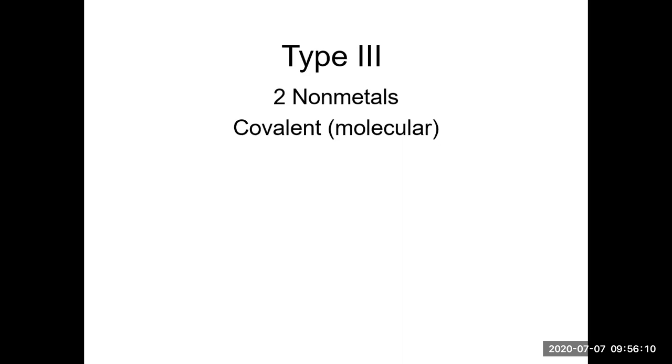And what we do is fall back to type 1 or type 2 naming. Again, if that metal needs a Roman numeral, you should put it. If the metal doesn't need a Roman numeral, you should not. And again, the main important thing on that as well, if you have more than one polyatomic ion, then you do need to put parentheses around it and put the little subscript on the bottom there to indicate how many you have of those.